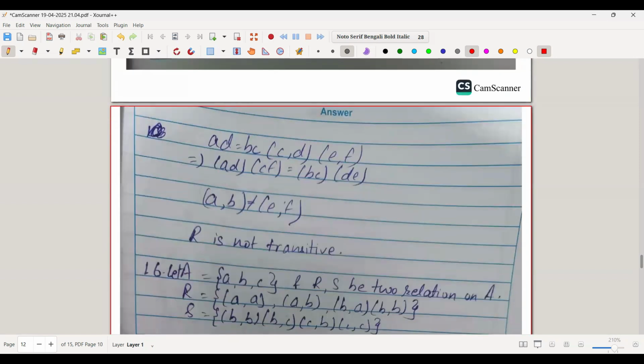Okay, next, ad equal to bc, and here again for the transitiveness you will use (a, b), (c, d), and (e, f).